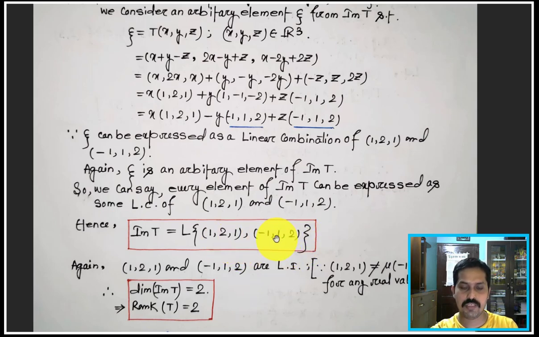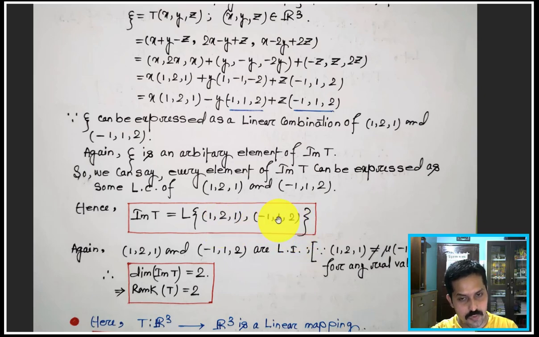Now we have to verify whether these two elements are linearly dependent or independent. We know that two elements are said to be linearly dependent if they can be expressed like this: (1, 2, 1) equals some constant times (-1, 1, 2), or (-1, 1, 2) equals some constant times (1, 2, 1). In both cases, we cannot express it for any value of the constant, right? This means these two elements are not linearly dependent; that is, they are linearly independent.